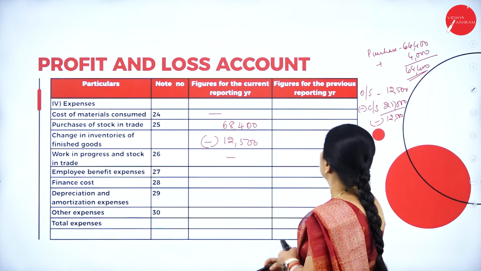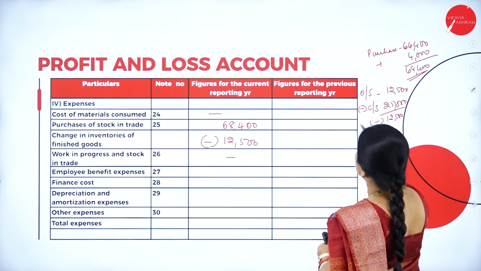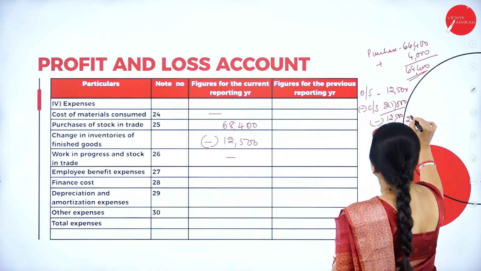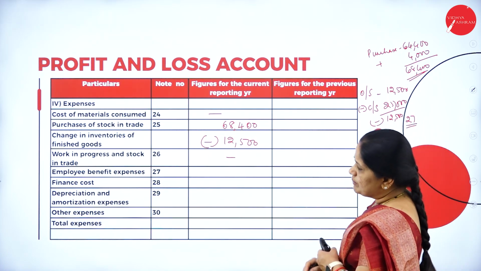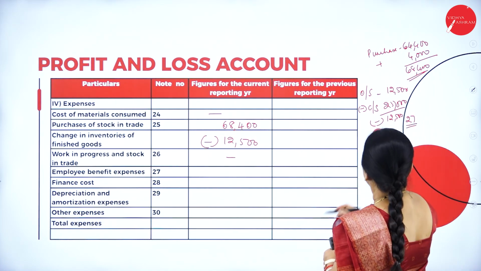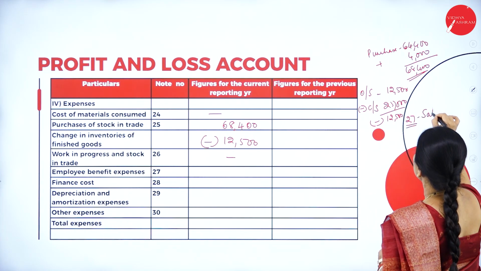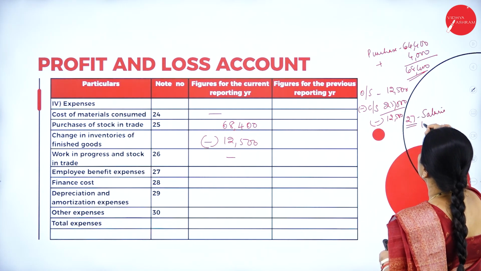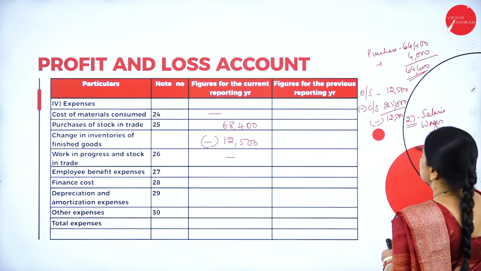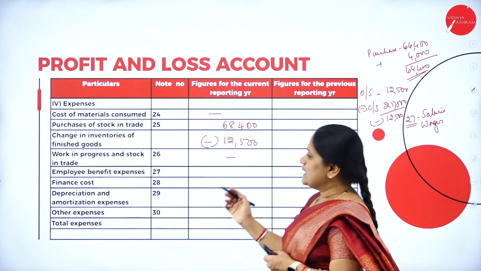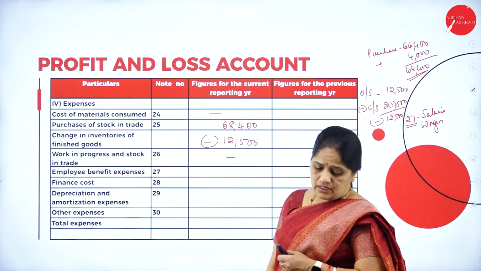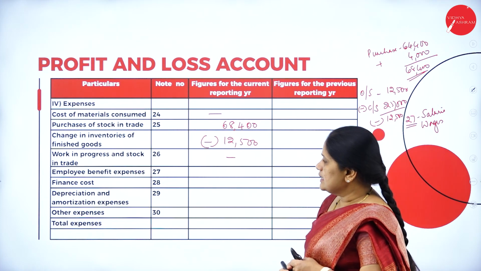Employee benefit expenses. Now for the schedules at 27, so we have the employee benefit expenses. So what are they? Salaries and wages. So salaries and wages we add together and write it here. So what is the salaries here?